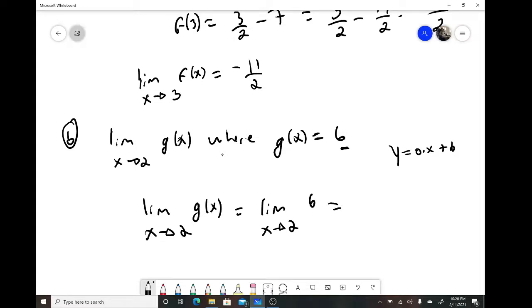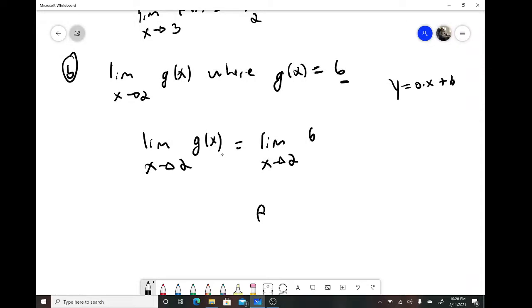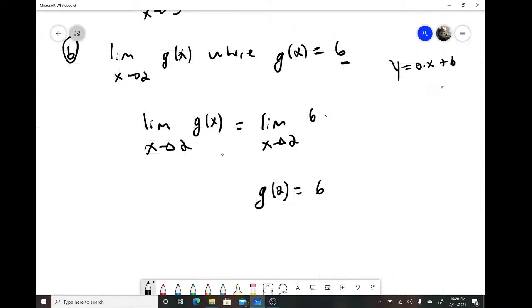By our rule now, we could simply evaluate g of 2. But g of 2 is 6 because there's no x's here. So no matter what x value we have, we always have 6 as the output because it is a constant function.